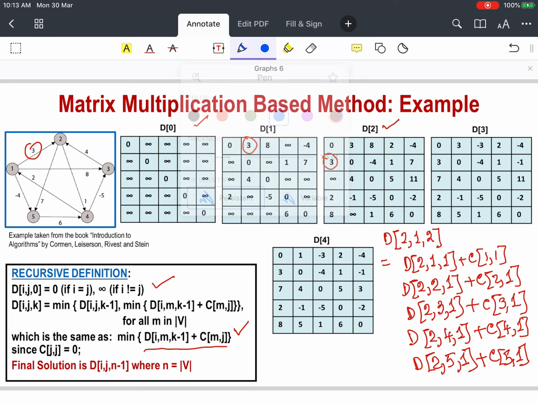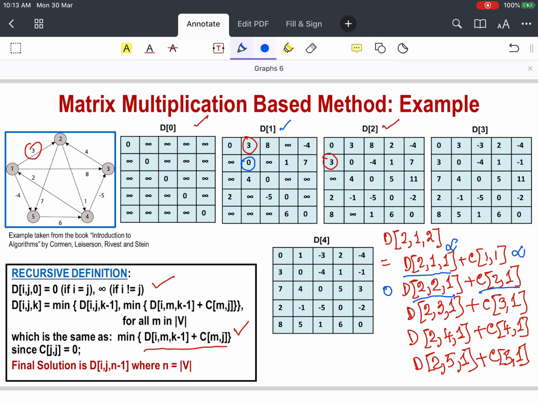Now let us see what values we get. D2, 1, 1, this value is obtained from here, which is infinity. Therefore, this value will give us infinity. D2, 2, 1 is this value, which is 0.